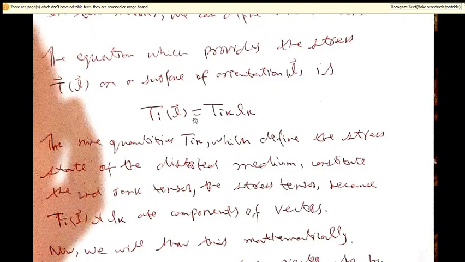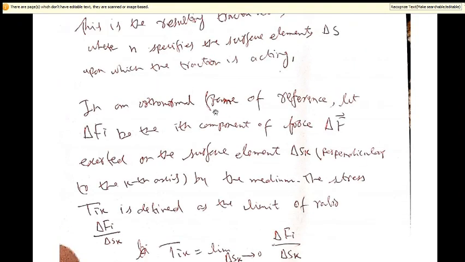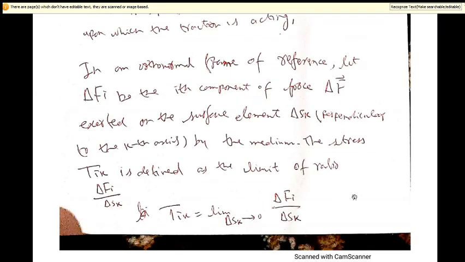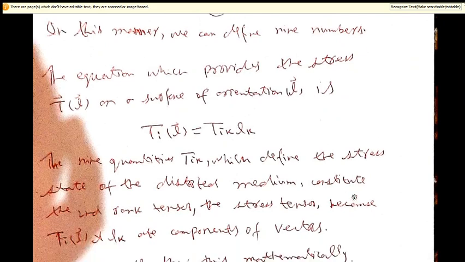These 9 quantities, which come from this equation, define the stress state of the distorted medium and constitute the second rank tensor. These 9 quantities make the second order tensor, which is called the stress tensor.